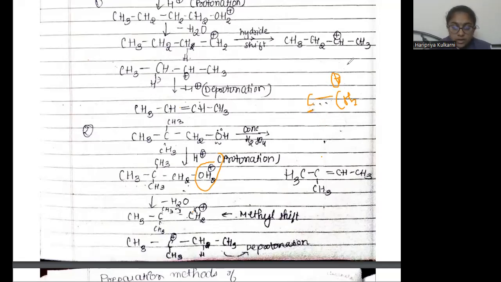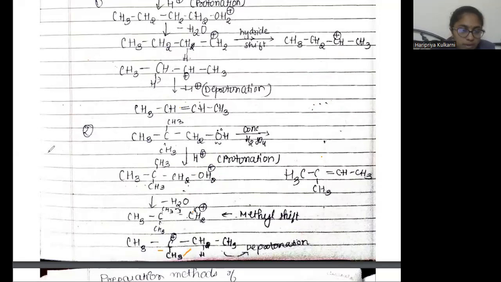So what will we do here? Here we will do a methyl shift. The whole methyl, we will shift this methyl over here. Of course, this plus charge will get shifted to the middle carbon atom. The same steps you can see over here. So we have a plus charge on the middle carbon atom.